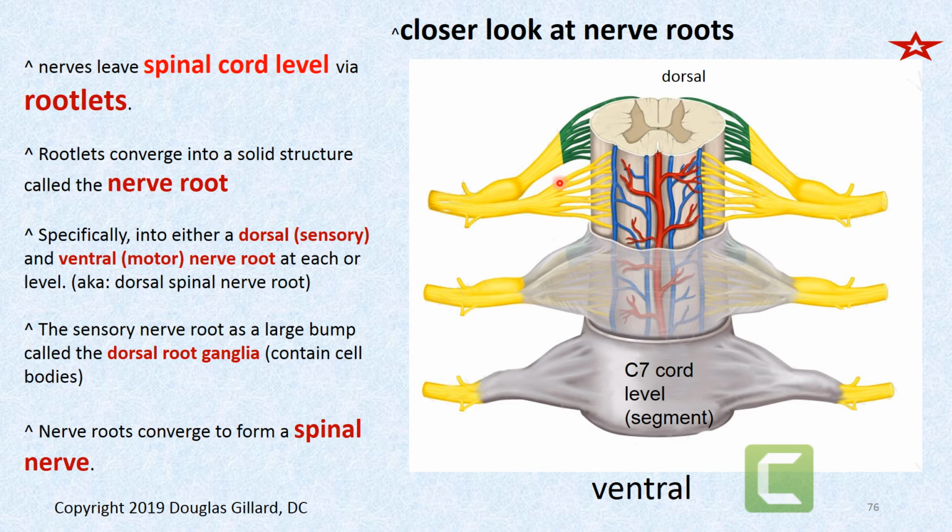So what's the deal with these nerve roots? There's specific names for these things. And even before I go further, this is a spinal cord level or segment. Okay, so all this is the property of C7. This is the property of C6. This is the property of C5. We're going to look at the C5 spinal cord level.